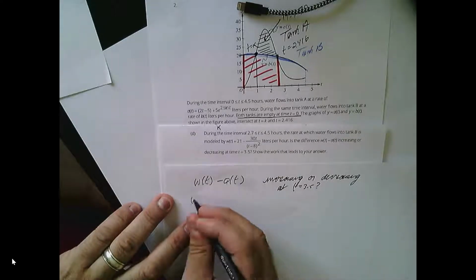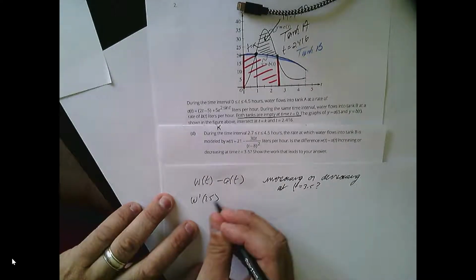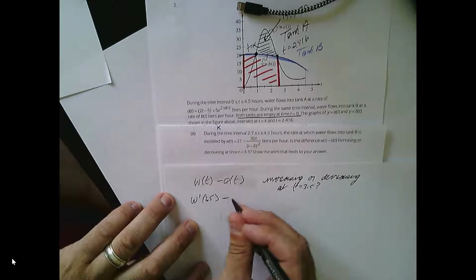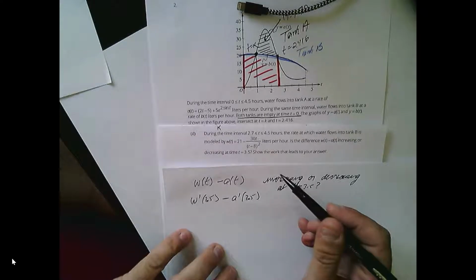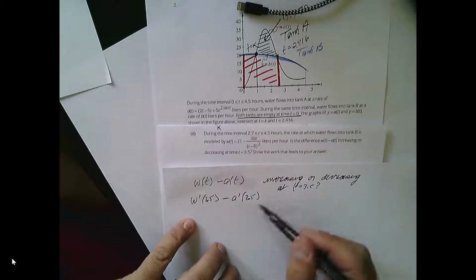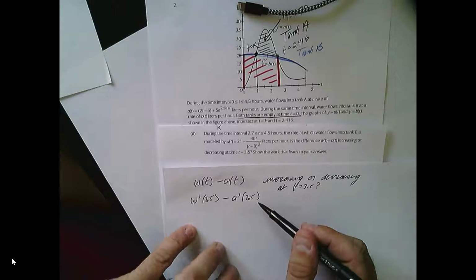The way I'm going to figure that out is I'm going to find the value of the derivative of W minus the value of the derivative of A and determine the sign of this value.